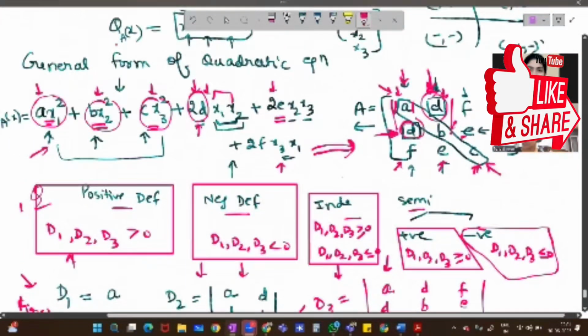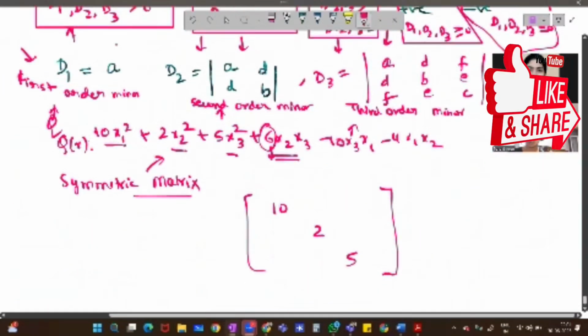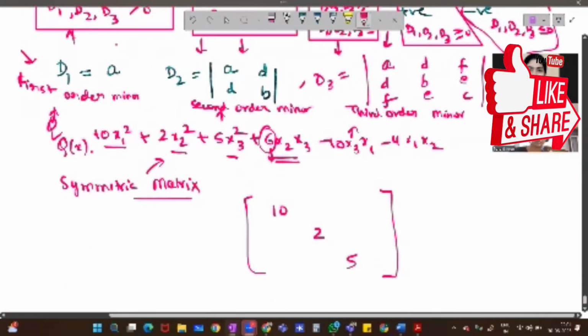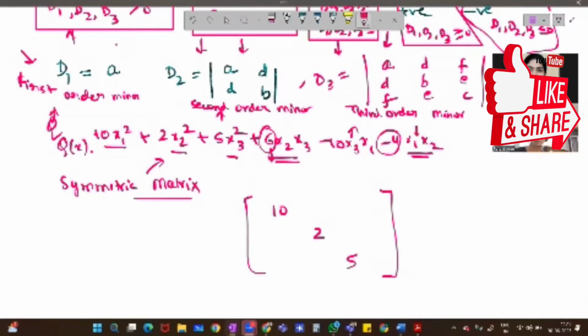So basically this x1x2 coefficient becomes 2. You need to see where x1x2 is, here. And this is minus 4, so x1x3 becomes minus 2. Got it.